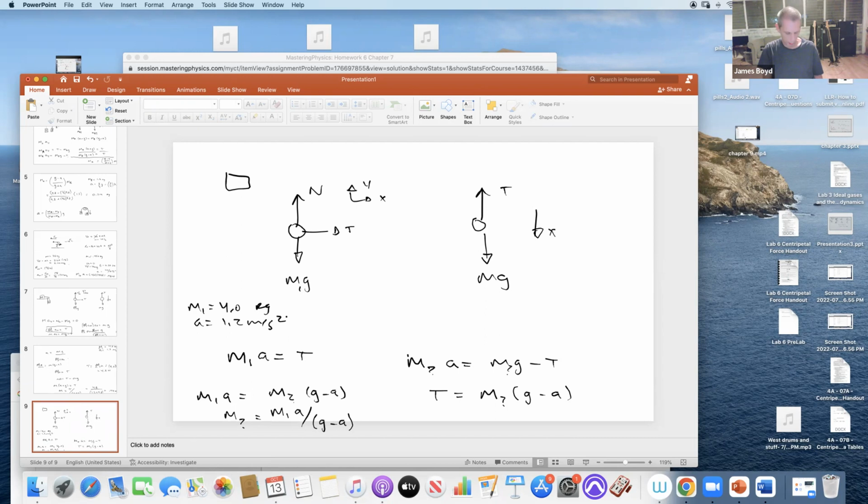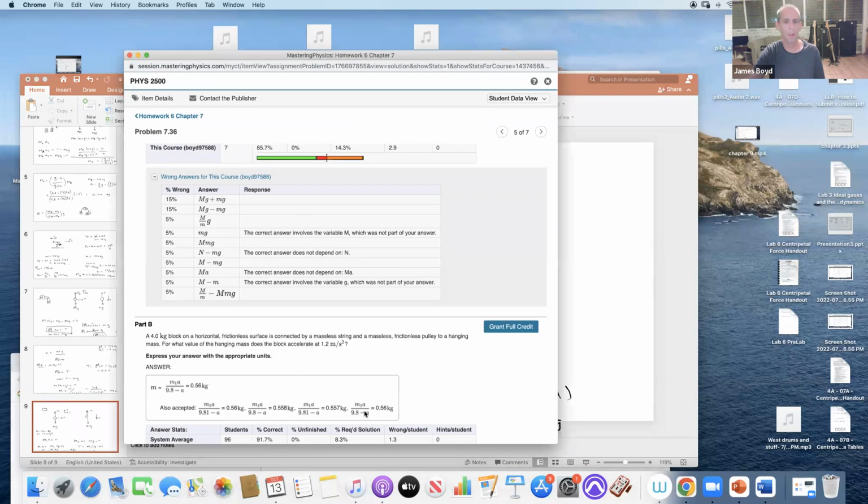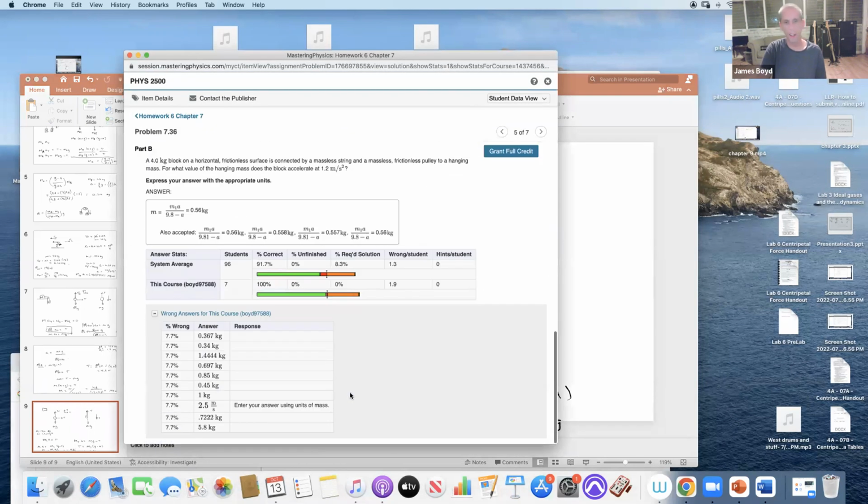So I get 4.8 divided by 9.8 minus 1.2. I messed up a minus sign. Sorry, guys. Which is 4.8 divided by 8.6, which is about 5.6 kilograms, or 560 grams, which is what they got.